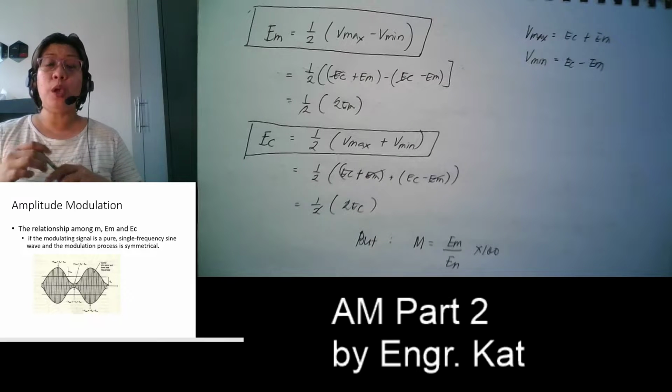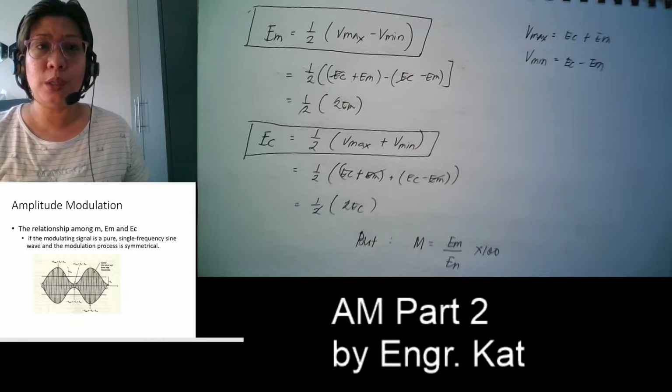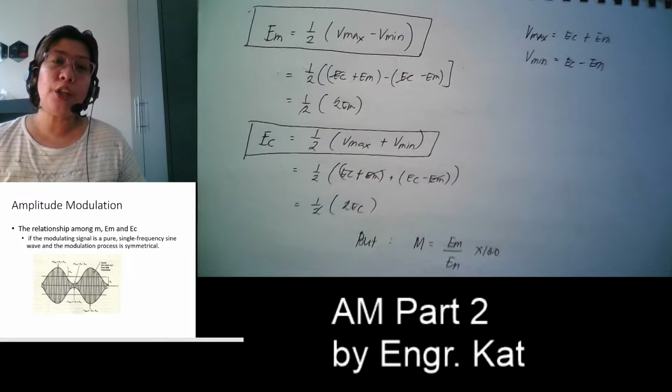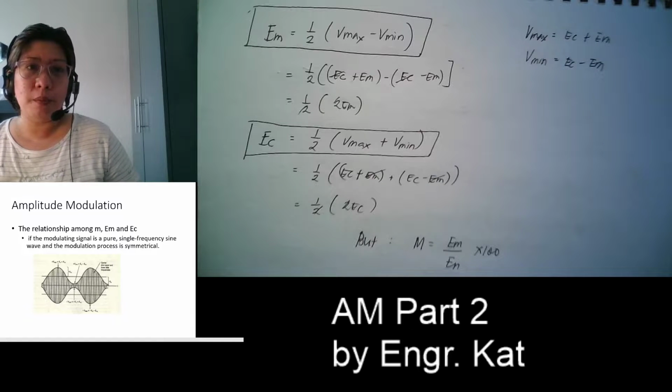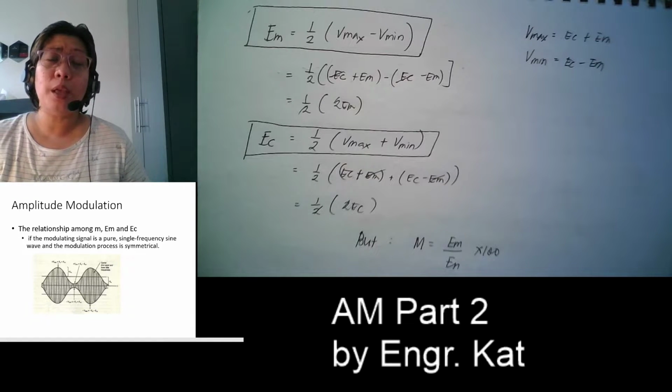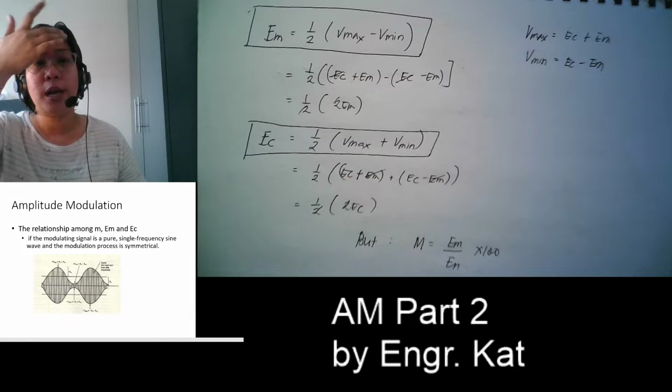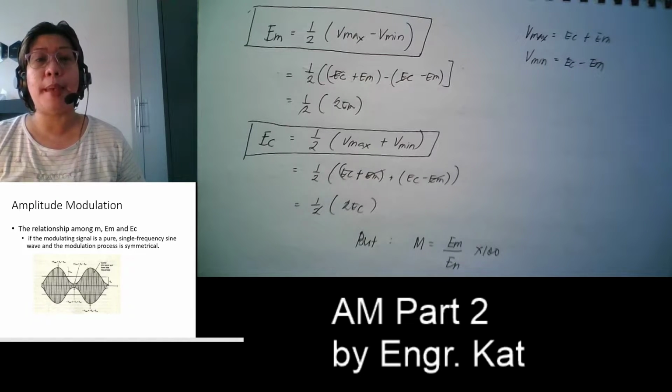When we are trying to measure it using an oscilloscope, sometimes in the given problem, instead of writing the equation, we are given the maximum and the minimum voltage. So that we can show the relationship between the peak values and your minimum and maximum values.